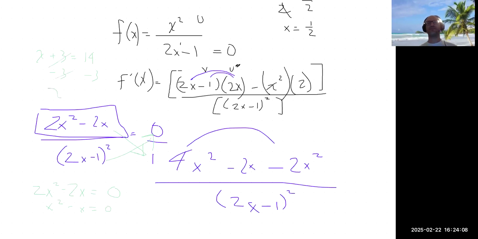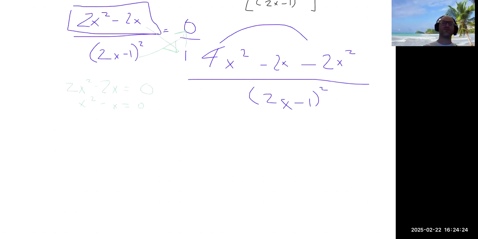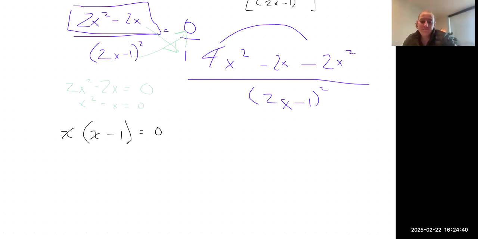But in a case like this, where we've got x squared, what we want to do is factor out the x and turn it into two linear terms multiplied together. The reason for doing this is because now we can set each one individually equal to 0.